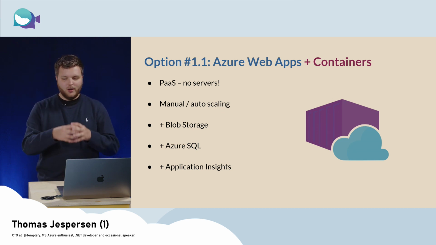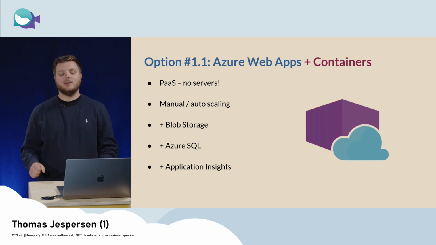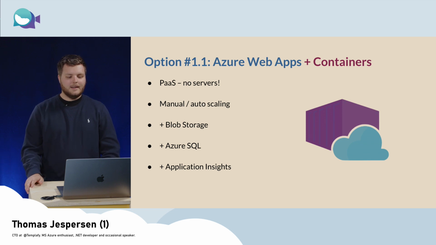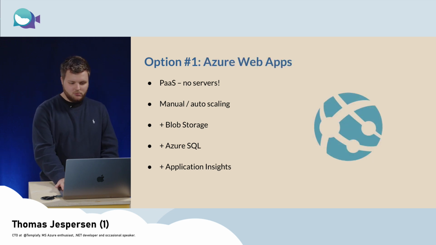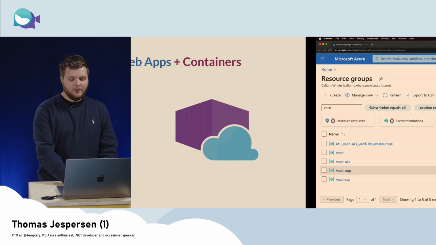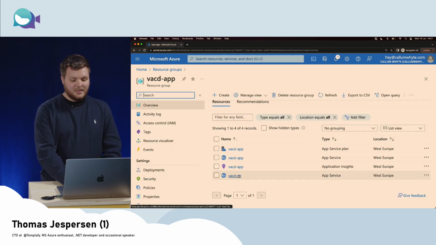You could deploy your whole container, and that could contain anything you want. So if you want your database to live inside the container, it can live inside the container, or other infrastructure dependencies, perhaps a queue or something like that. So the exact same setup as we had before, exact same code, but it's now containerized. That's possible to run in Azure too. I've got another quick example of that, where I've got a container-based app spun up.